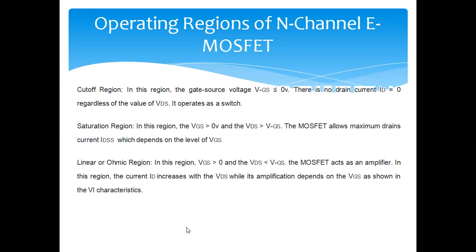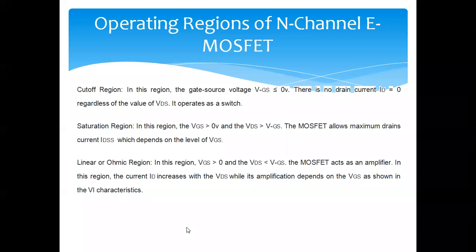Now coming to the saturation region, what will happen in the saturation region? In this region, VGS is greater than 0 and VDS is greater than VGS. So MOSFET will allow the maximum drain current IDSS, which depends on the level of VGS.